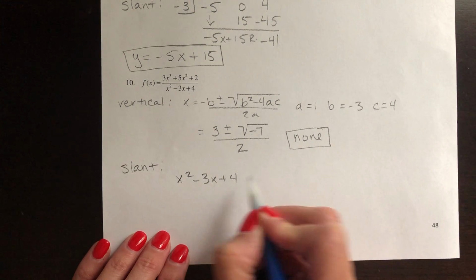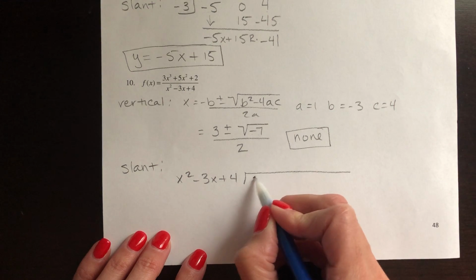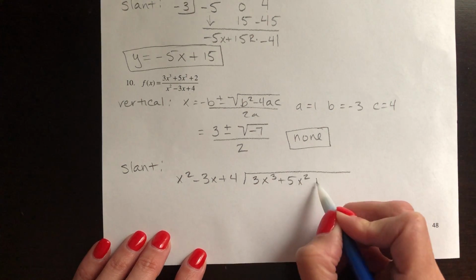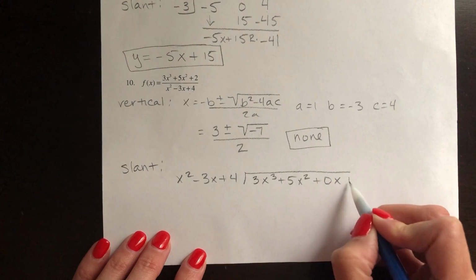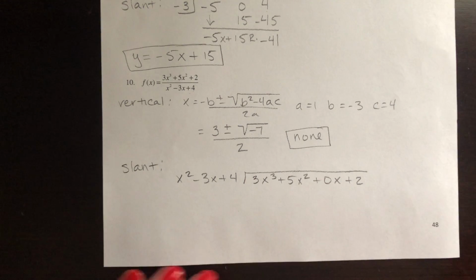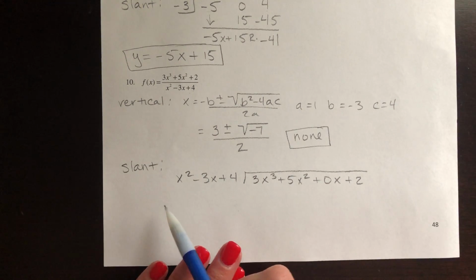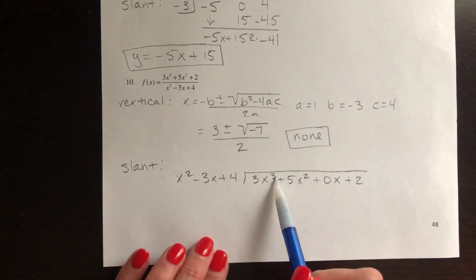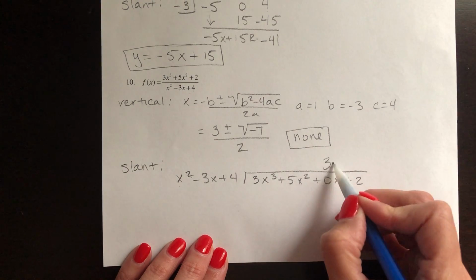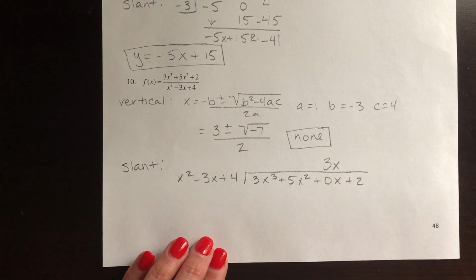So we'll set it up as a long division problem, filling in our zeros for the missing terms, and then go ahead and divide. So 3x to the third divided by x squared is 3x. So that's the first term of my quotient.